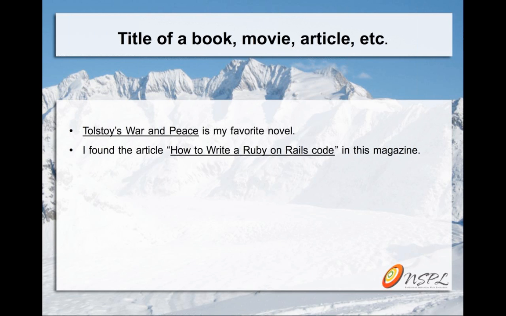In this, there are a few mistakes to consider. In How to Write a Ruby on Rails Code, the A and the T cannot be capital, but Code, C should be capital here. I basically changed it a little bit to make it easier to understand. The first letter of the title is always capital, but not the joining words like to and a. Those cannot be capital. Okay.